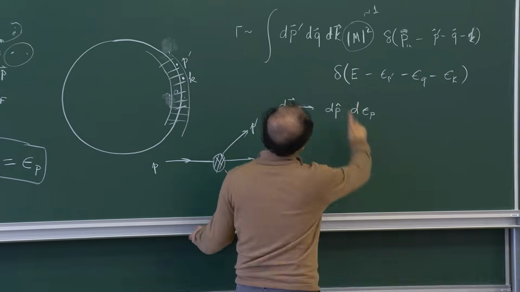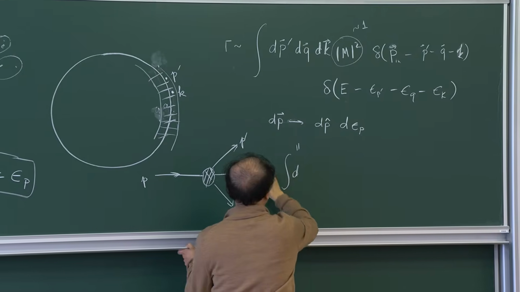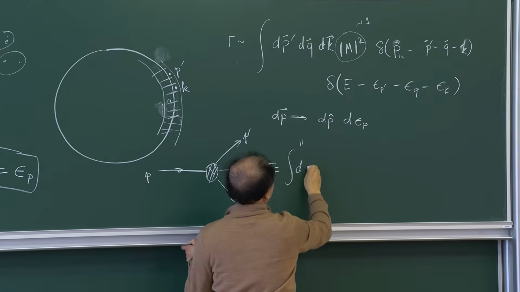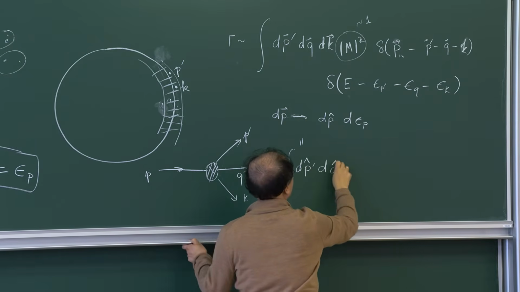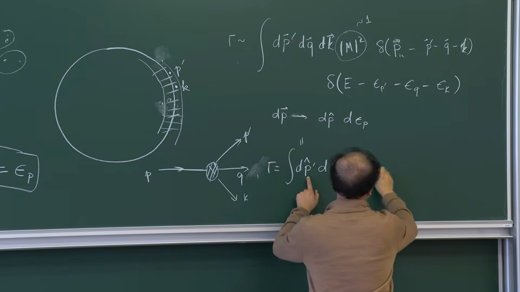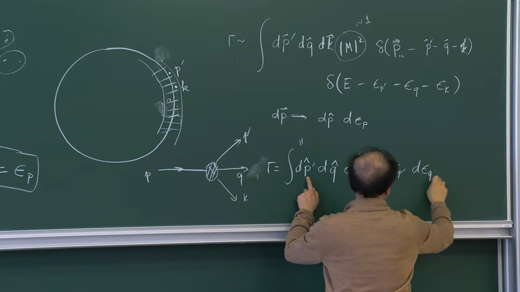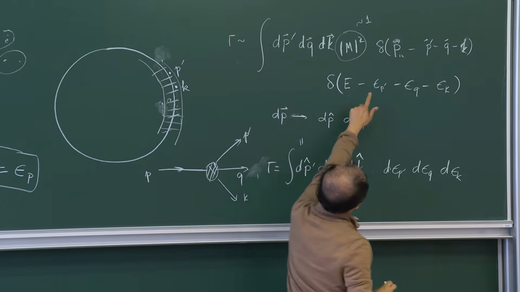And so this integral gamma is equal to the integral over all these p' hat, dq hat, dk hat, and then the integral over epsilon p', epsilon q, epsilon k, and then this delta function.